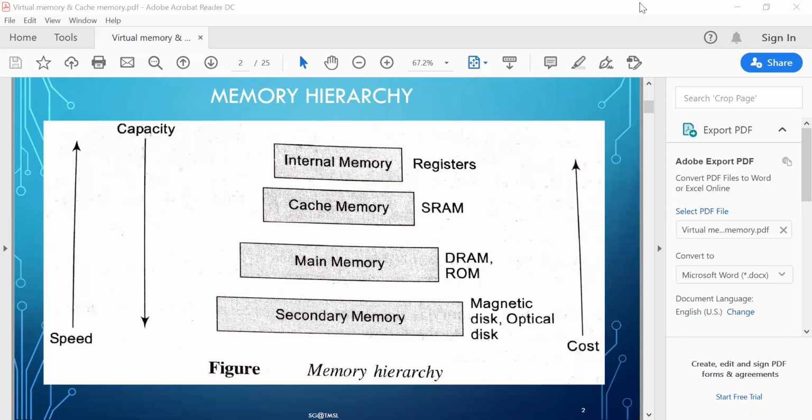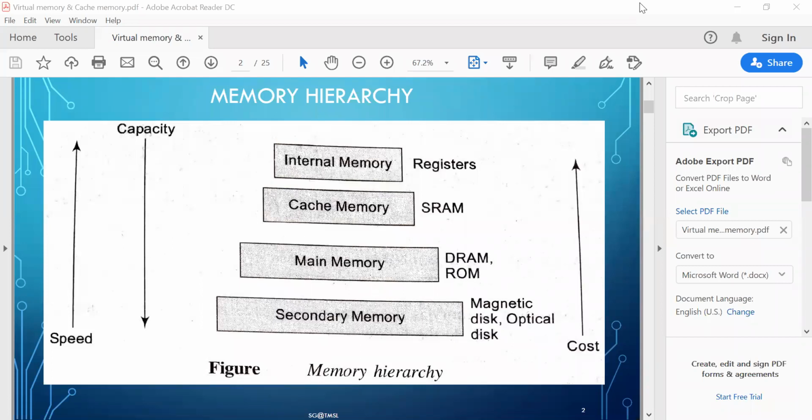The programs not currently needed in main memory are transferred into secondary memory to provide space for currently used programs and data bytes.